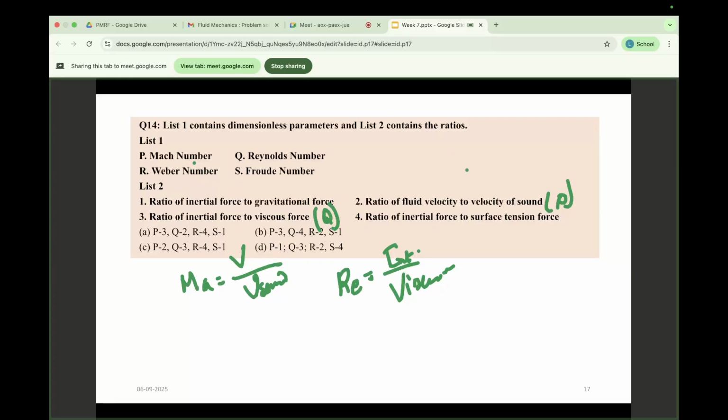This is for surface tension, so it is R. And inertia to gravitational force is the Froude number, so S is 1. P is 2, Q is 3, R is 4, and S is 1. So option C is the correct answer.